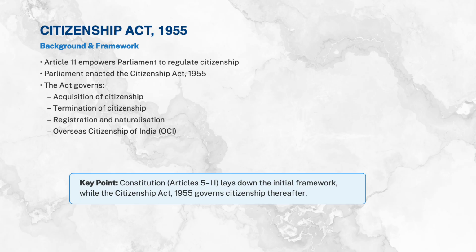Now, the Citizenship Act 1955 continues to be the main source of rules and regulations regarding citizenship for the entire nation up to this day. Okay, whatever acts are introduced after Citizenship Act 1955 are simply amendments to this act.